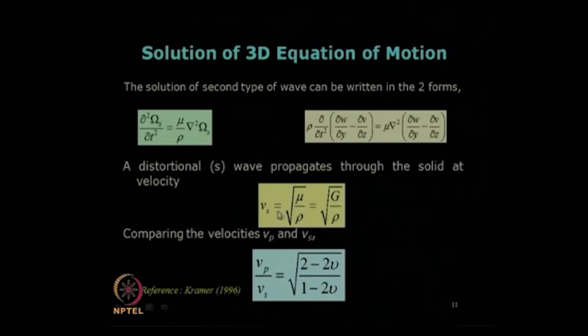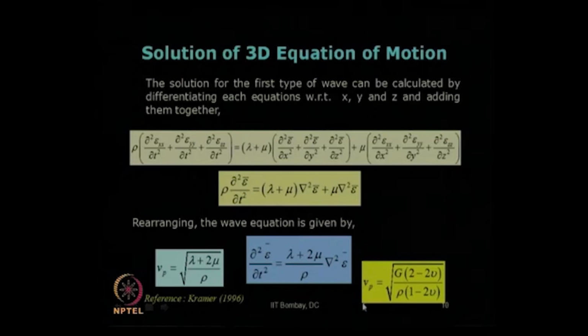Now, if we compare this torsional or shear wave velocity expression with the primary wave velocity expression V p, where we put the expressions for lambda and mu, we got it in terms of G and nu, that is Poisson's ratio. This is shear modulus, density and Poisson's ratio.